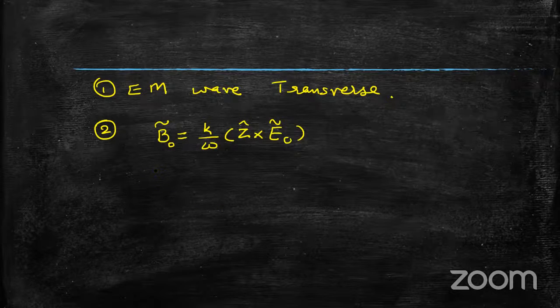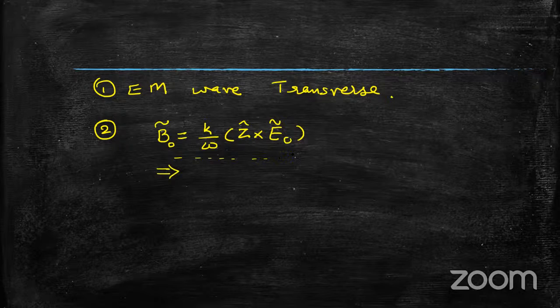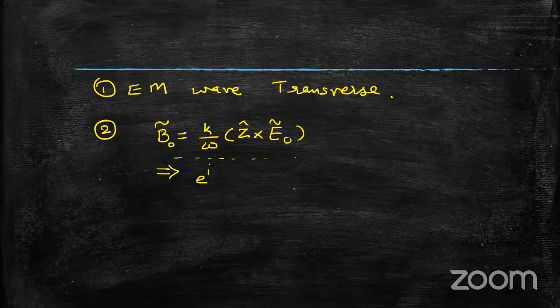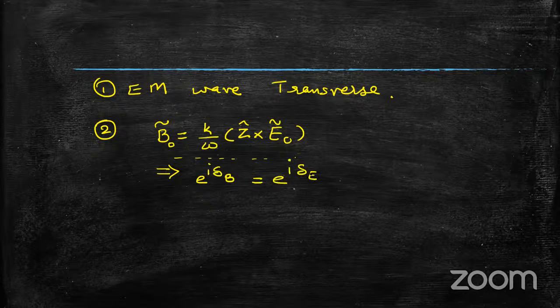Now this particular expression is giving us what kind of information? The first information: suppose you take a mod, you get one more thing, e raised to i delta B is equal to e raised to i delta E.